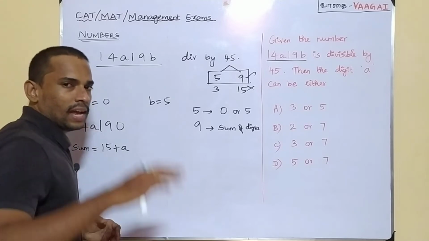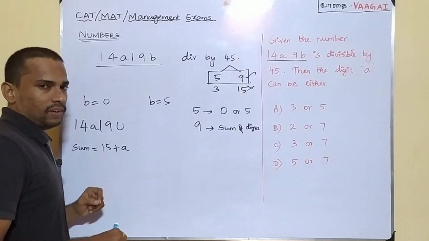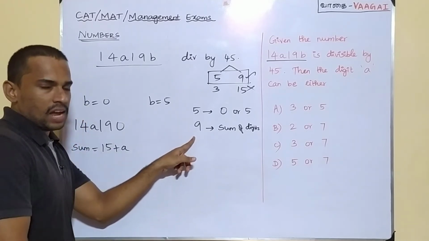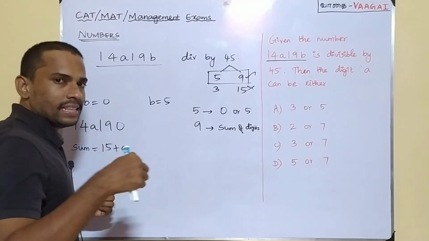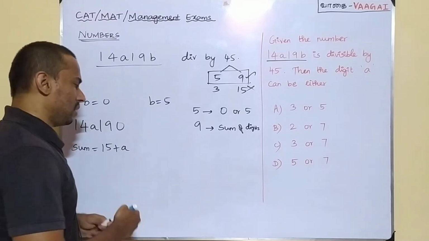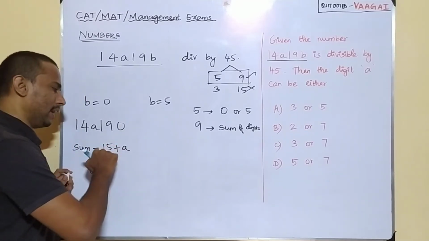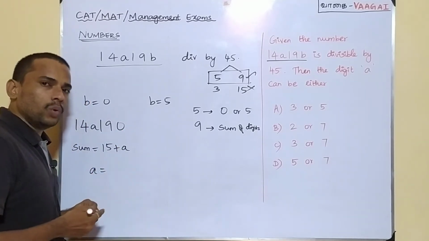Very simple. Now look at this step very carefully. Since our number is divisible by 9, definitely the sum of the digits will also be divisible by 9. To make the sum of the digits, the expression 15 plus A, divisible by 9, what value can you place for A?